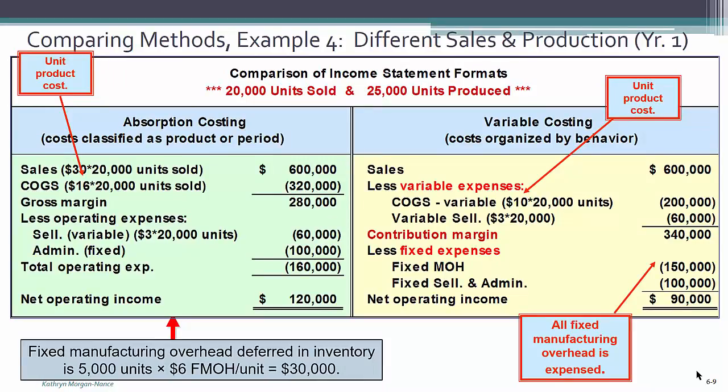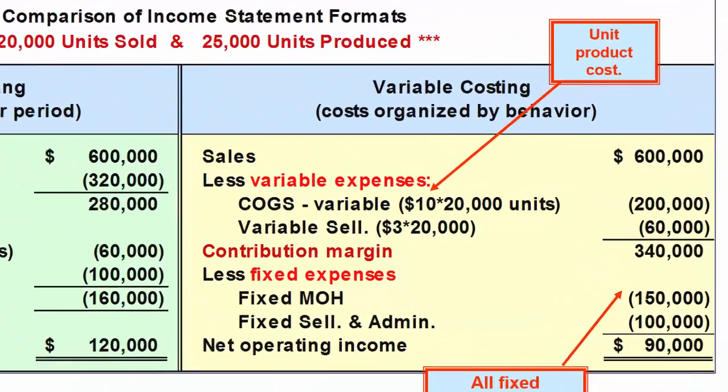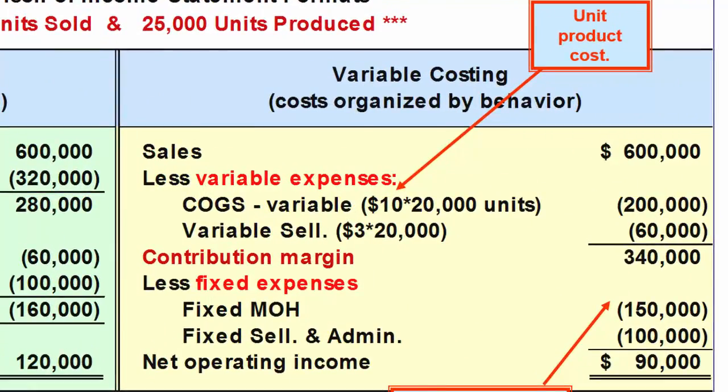Now let's examine the variable costing contribution format income statement on the right side. First, we subtract all variable expenses from sales to get contribution margin. Using a product cost of $10 per unit, the variable cost of goods sold for 20,000 units is $200,000.